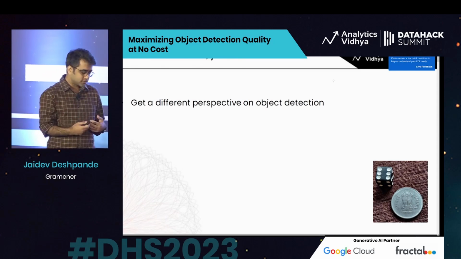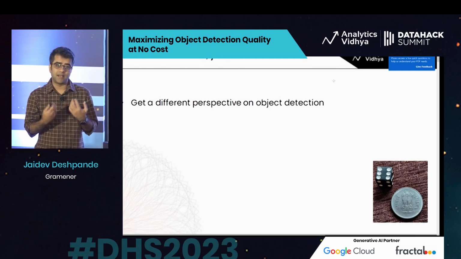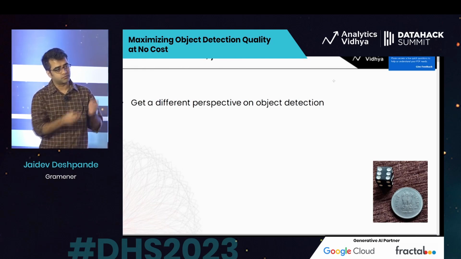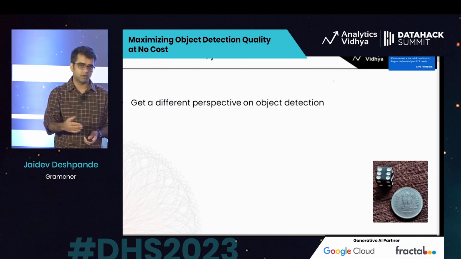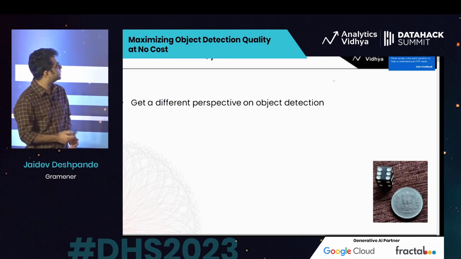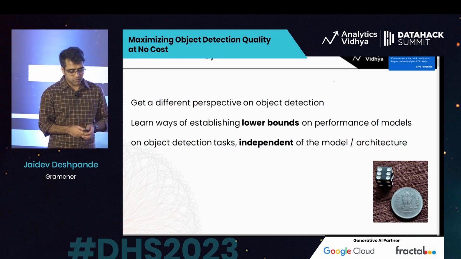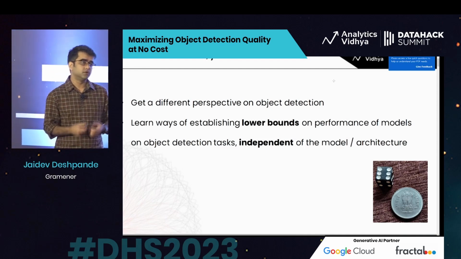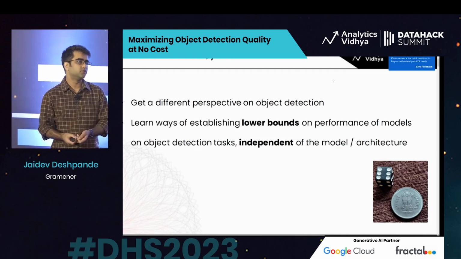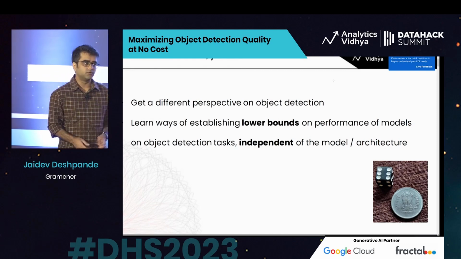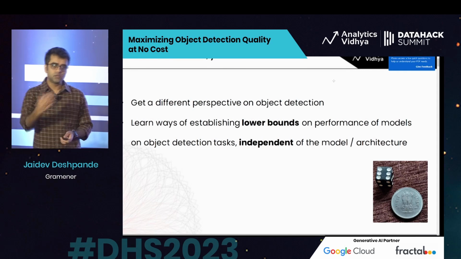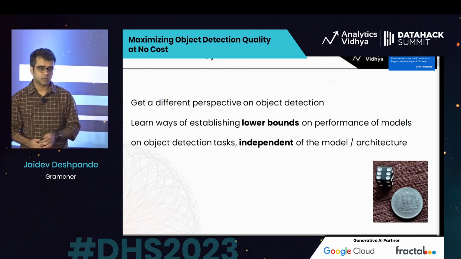So what is the maximum inference that you can extract out of the data itself? That sort of acts as your lower bound, independent of the model, right? So we are going to learn ways of establishing lower bounds on the performance of object detection models, independent of the model architecture. Whatever you do with the model is only going to push it higher, right?